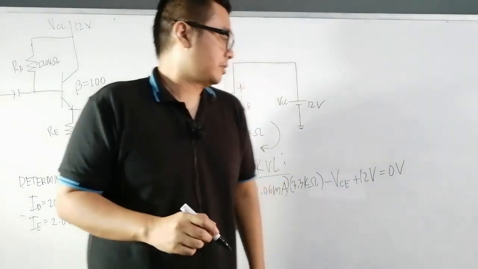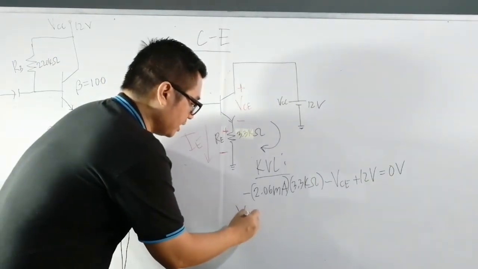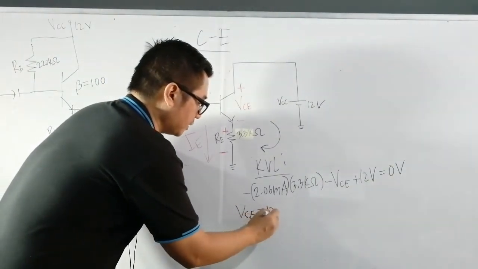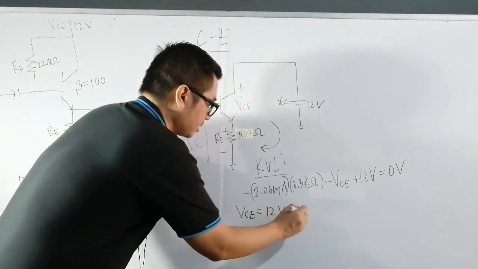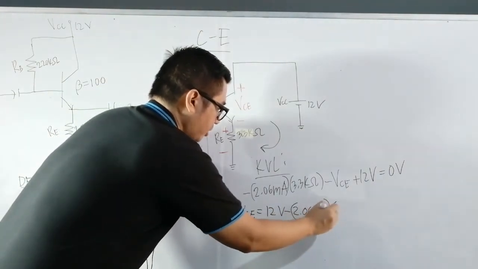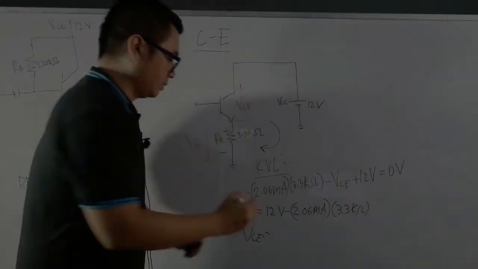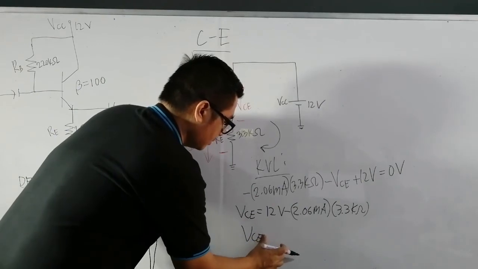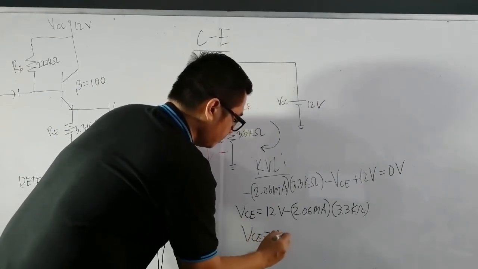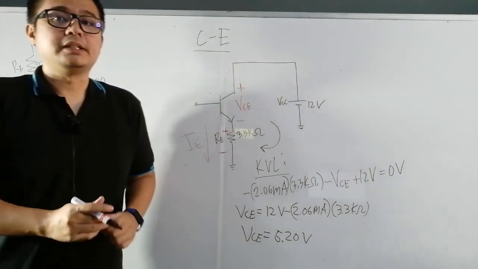Alright. Now let us rewrite the equation. Ang hinahanap natin is VCE. So we have VCE equals 12 volts minus 2.06 milliamperes times 3.3 kilo ohms. That gives 5.20 volts.